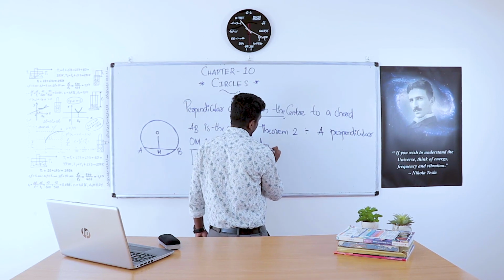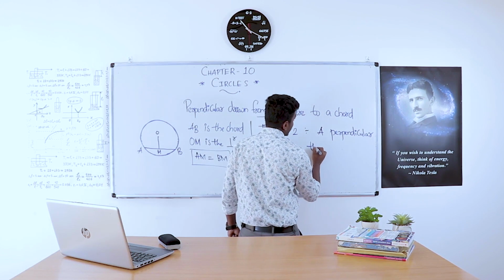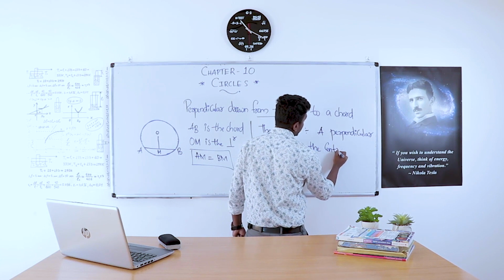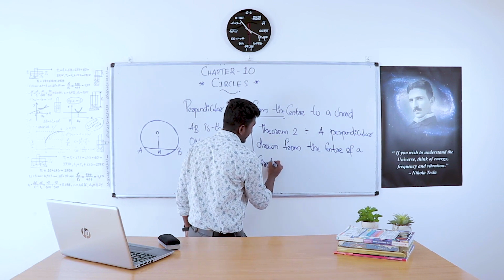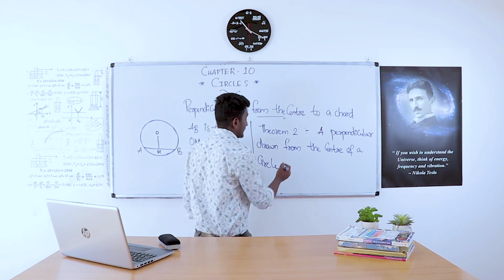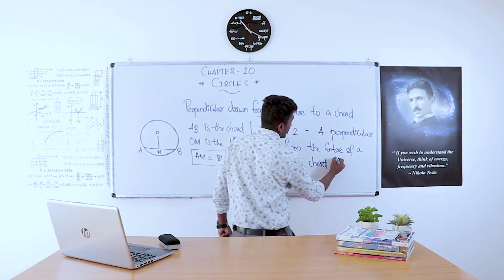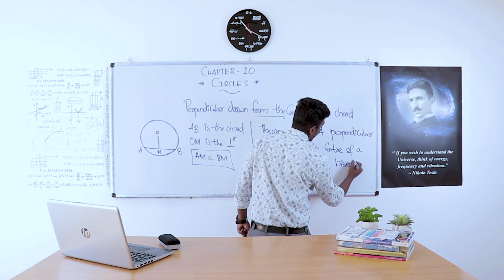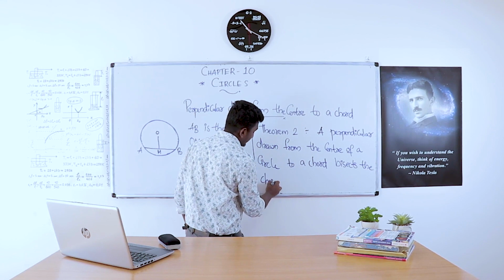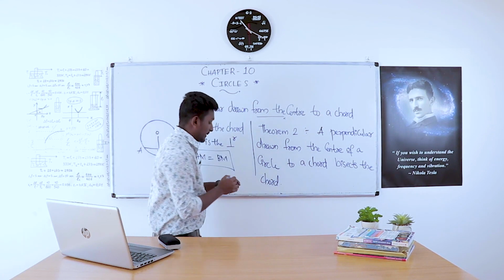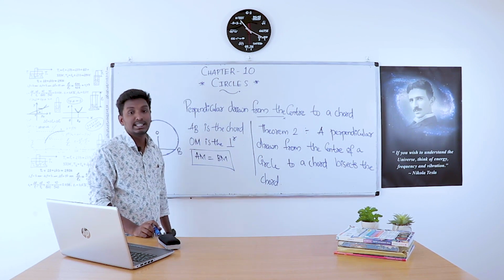Now theorem 2 can be stated as: a perpendicular drawn from the center of a circle to a chord bisects the chord.